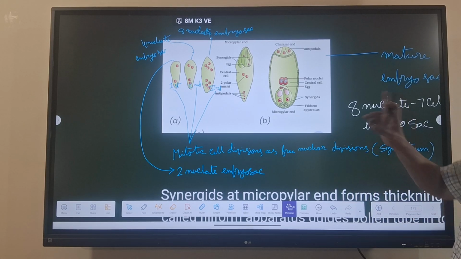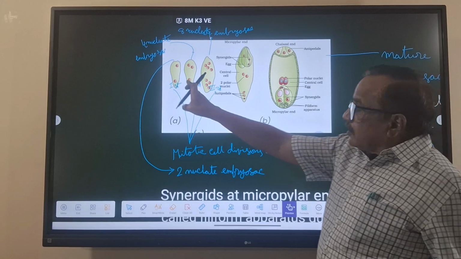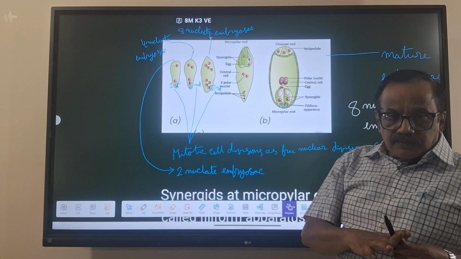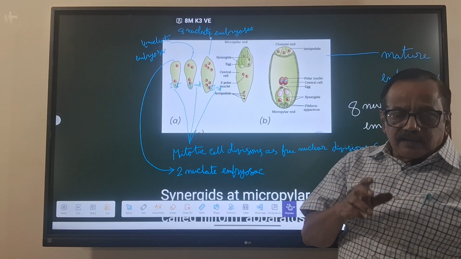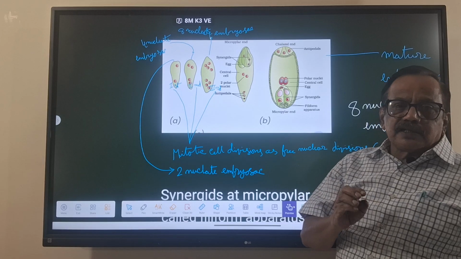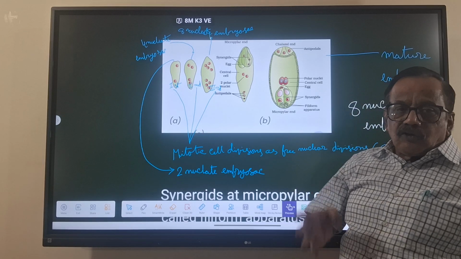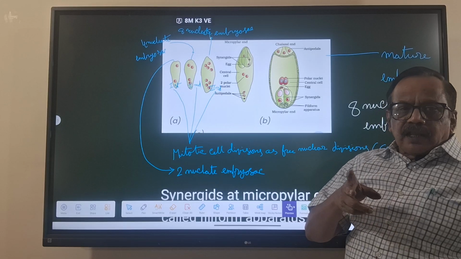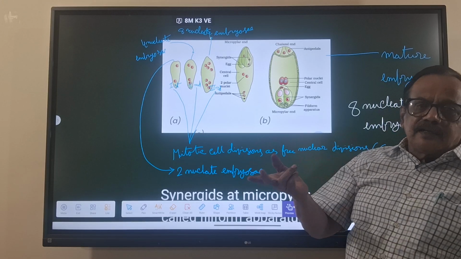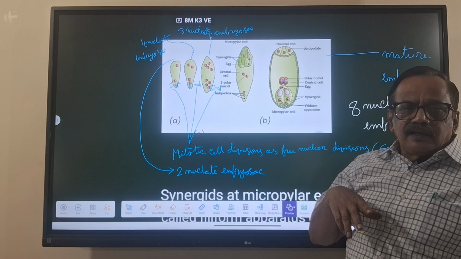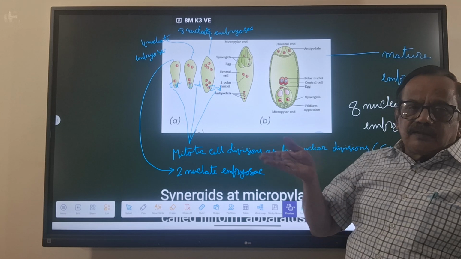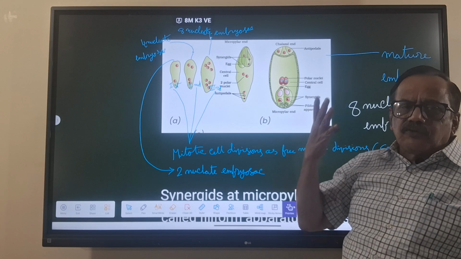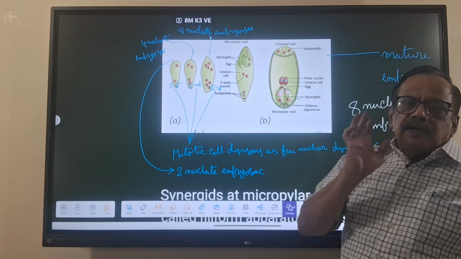So here, what happened? This is one of the megaspores formed by meiosis of the megaspore mother cell. It forms two dyad cells, and meiosis 2 division forms the 4 megaspores.